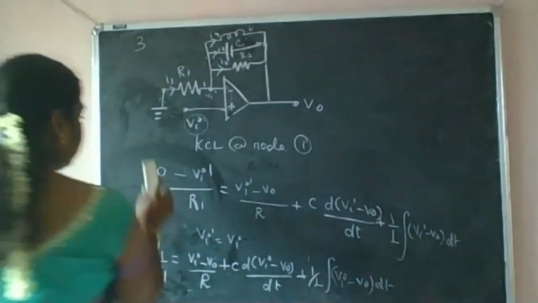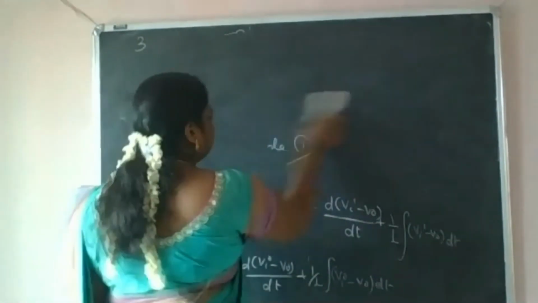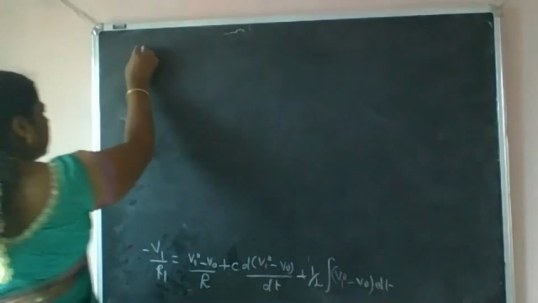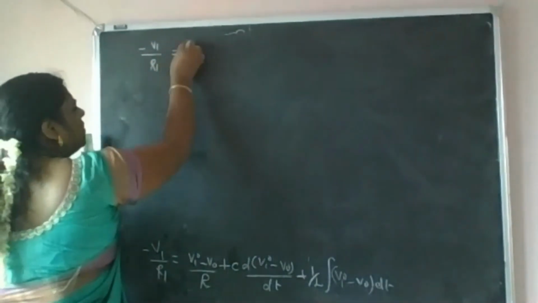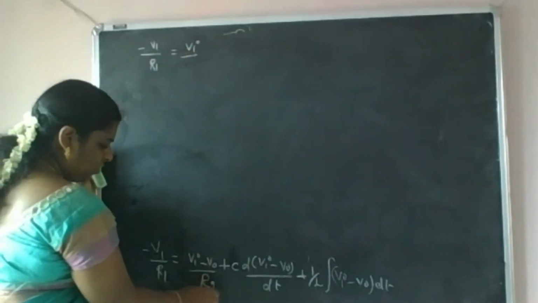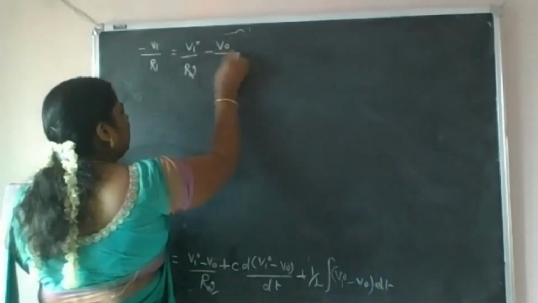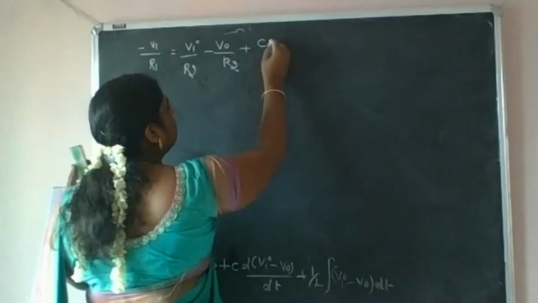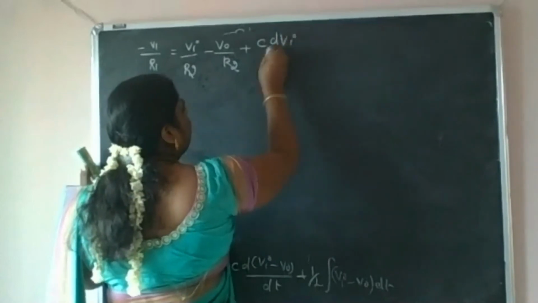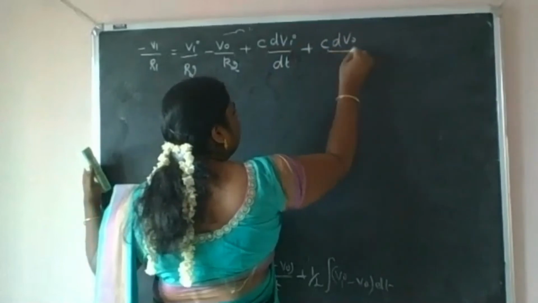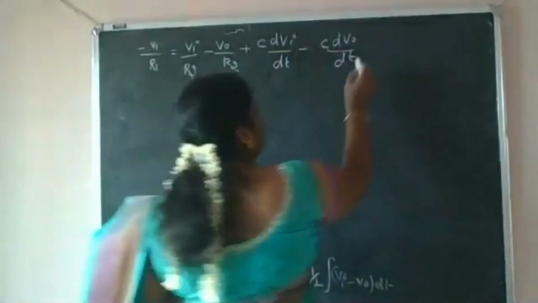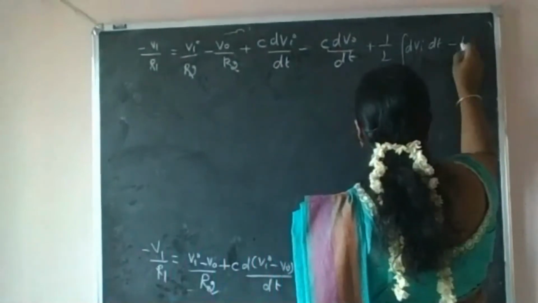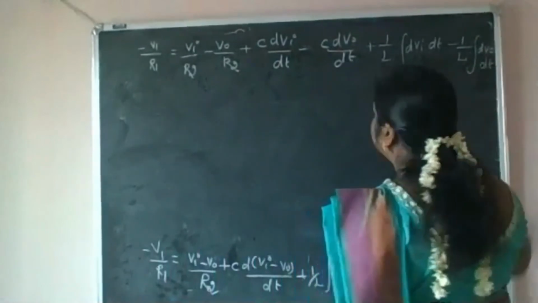Now again simplifying this expression, we get minus Vi divided by R1 is equal to Vi divided by R2 minus V0 divided by R2 plus C dVi divided by dt minus C dV0 divided by dt plus 1 by L into the integral of dVi dt minus 1 by L into the integral of dV0 dt.